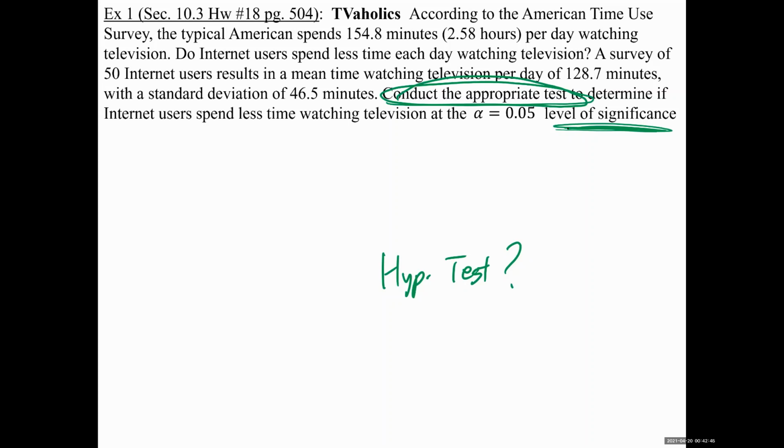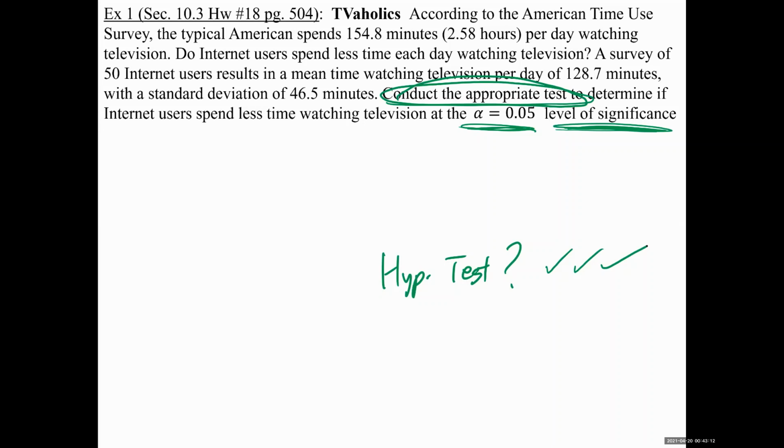And also when they give you an alpha, that's a little bit of a hint that it's a hypothesis test problem. But confidence intervals had alphas too. Just usually they don't give you the alpha in a confidence interval problem. They usually give you the confidence level and you have to calculate alpha. So if they give you an alpha, that's another little bit of a hint that it's a hypothesis test. So hopefully those little bits of advice make it obvious that it's a hypothesis test problem.